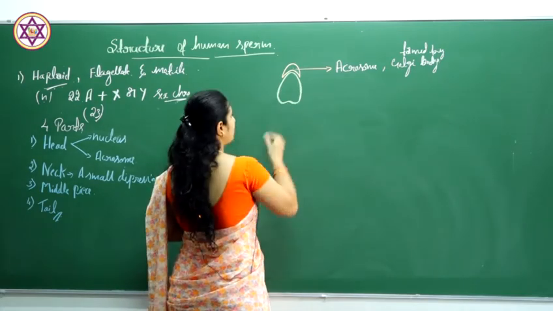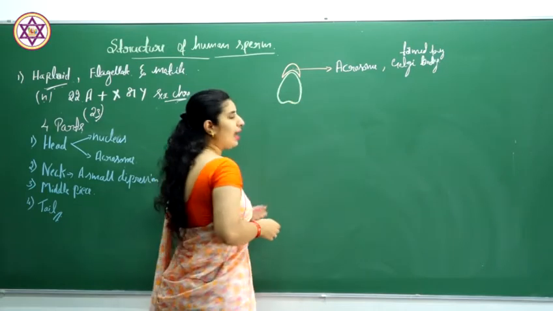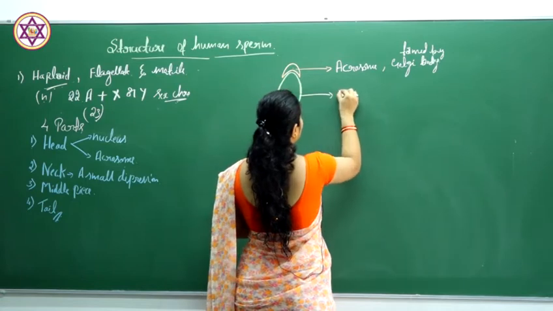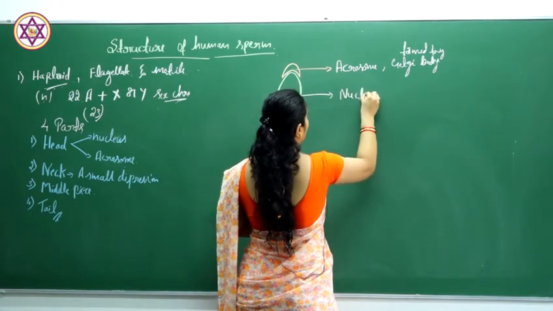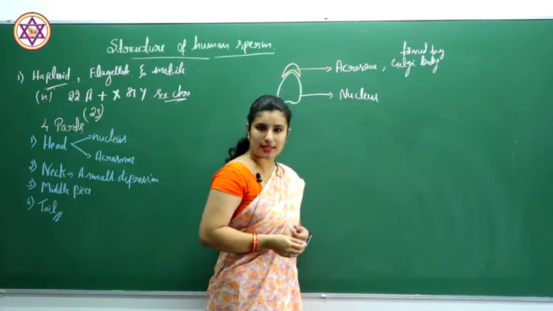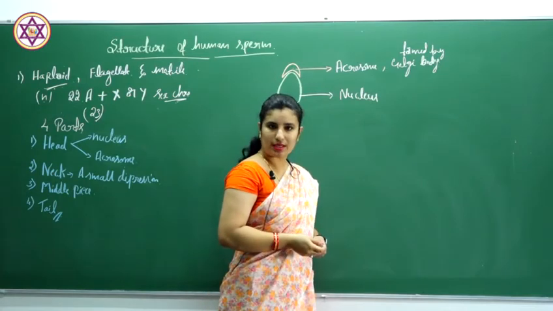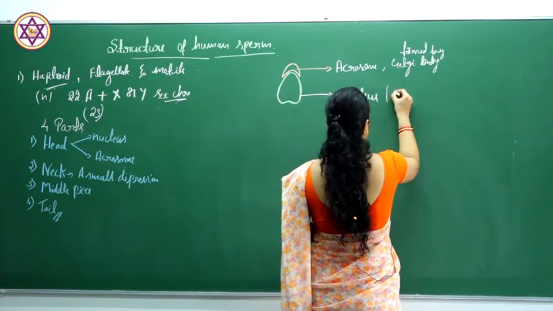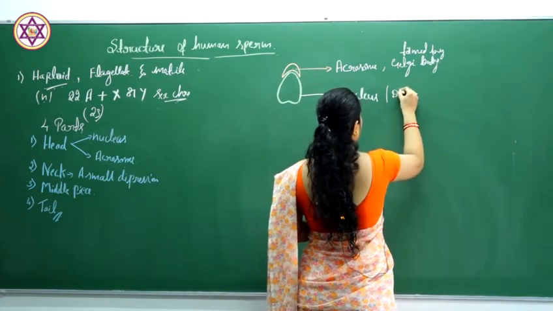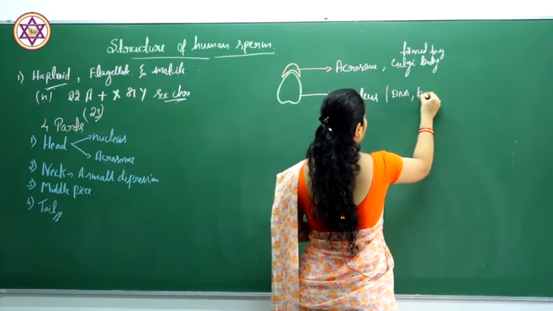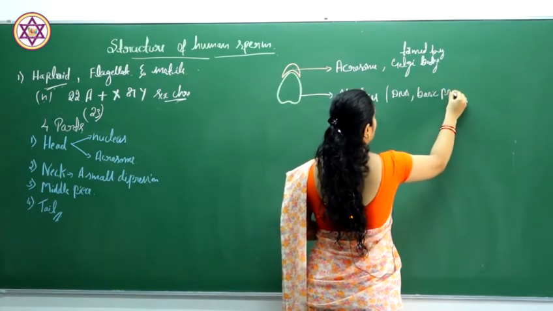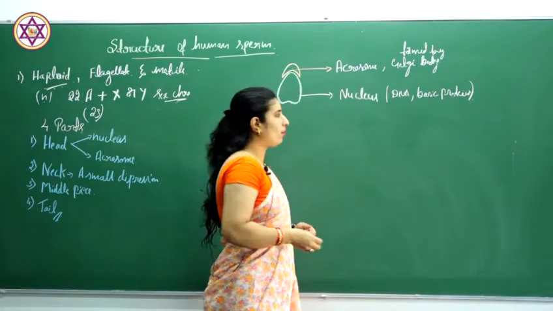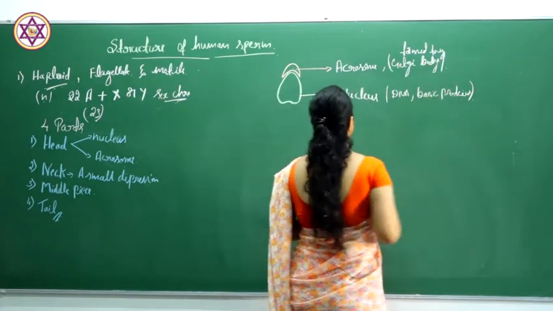This is the structure. Let me label this: this is the nucleus. The nucleus contains, as we all know, the genetic material, that is the DNA and some basic proteins. Hope you all got this.